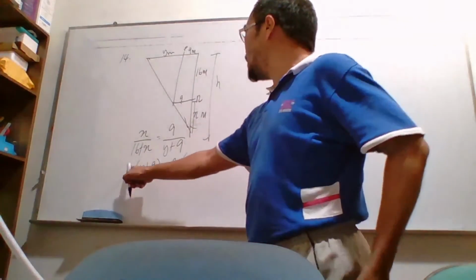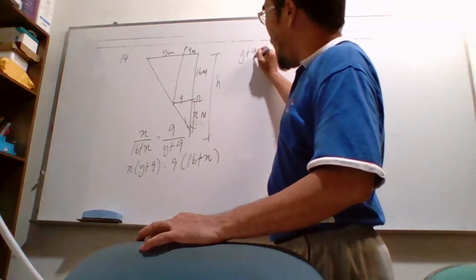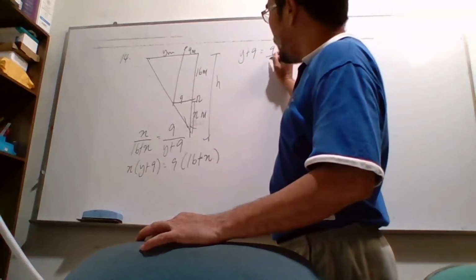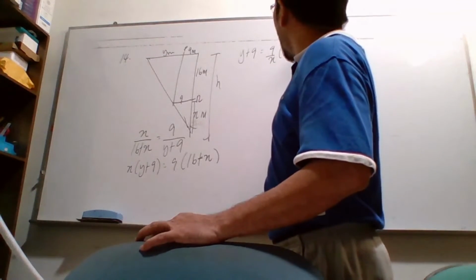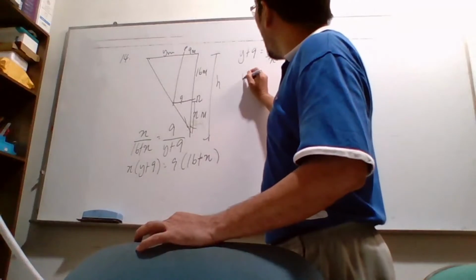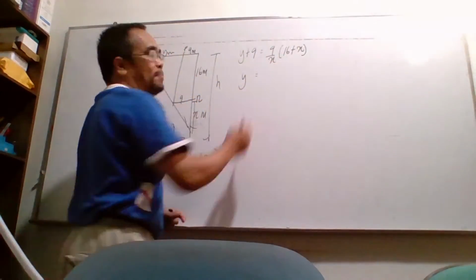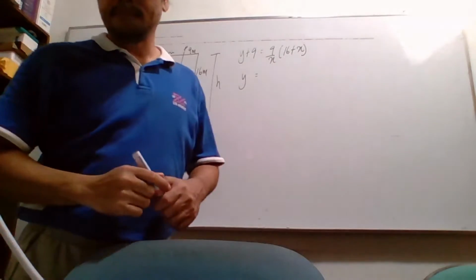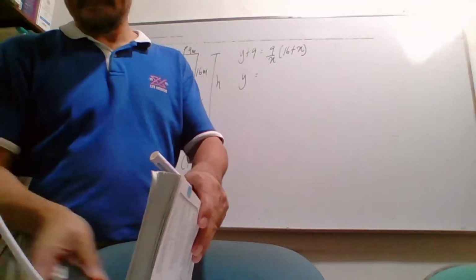But then immediately I'm not going to multiply this inside, so I just move that x. So 9 over x multiplied by 16 plus x. So y is, if I want to multiply, what is 16 times 9? Let me use my calculator.